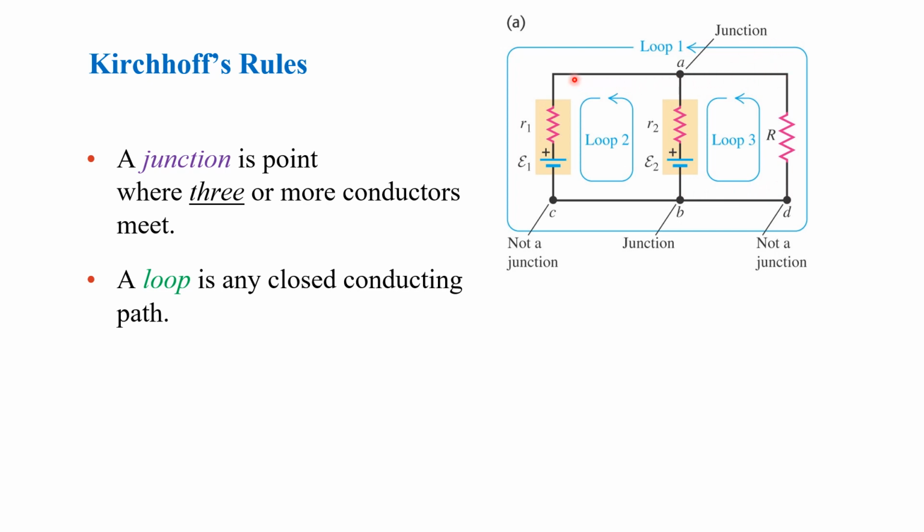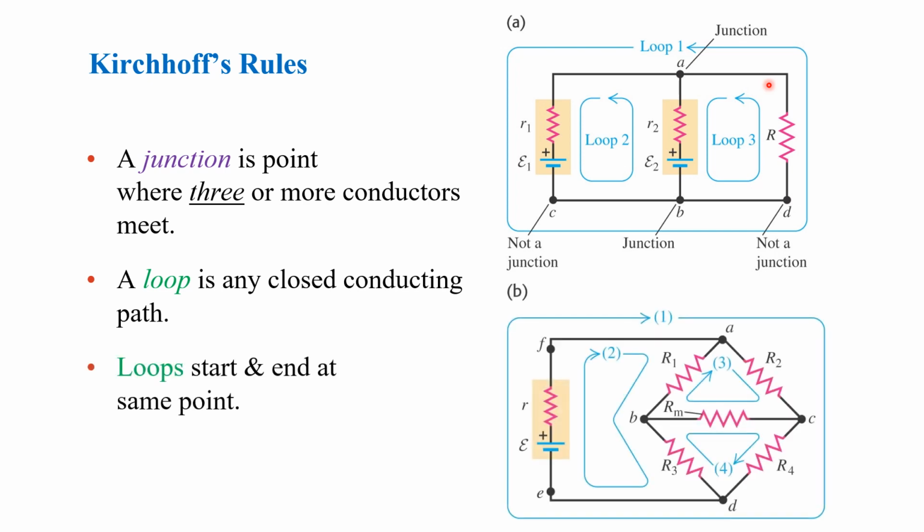And this one, just follow the red laser, this is also a loop. So for this network here, you have three loops. One, the bigger loop. This is 2, and this is the third loop. So this network has 2 junctions and 3 loops.